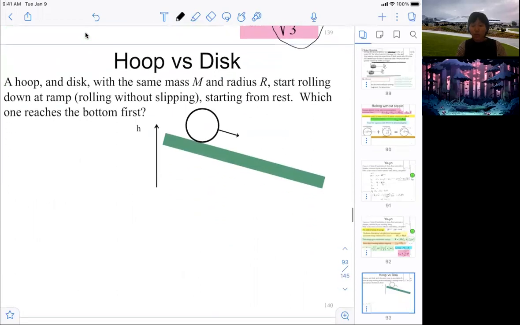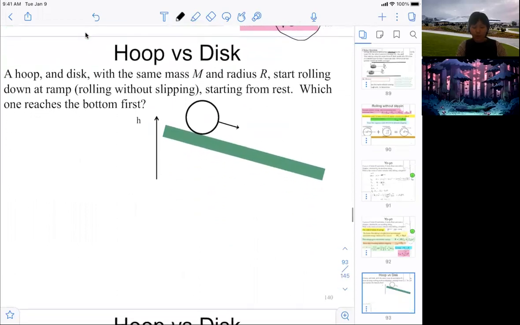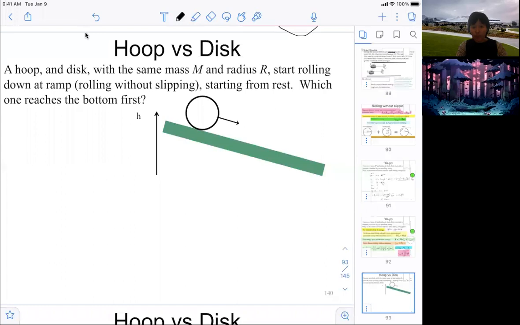Okay, we have one more example. This one, I'm going to let you have a little bit more time to try to do yourself. Recall, we had a rolling race between different objects, right? We compared a hoop and disc. You could compare a disc and a sphere, or you can compare a hoop and a sphere. So there are two objects in this problem, a hoop and a disc.